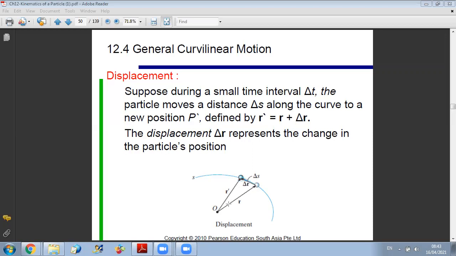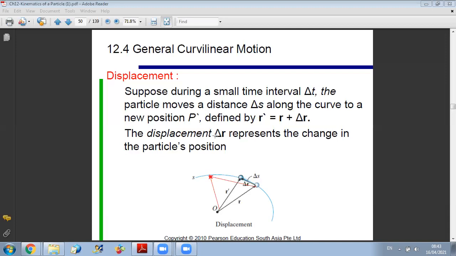So if I take positions here, delta r will be this vector, while delta s will be the length of the arc here. In general, for small angular variation, we can say that the magnitude of delta s is equal to the magnitude of delta r.